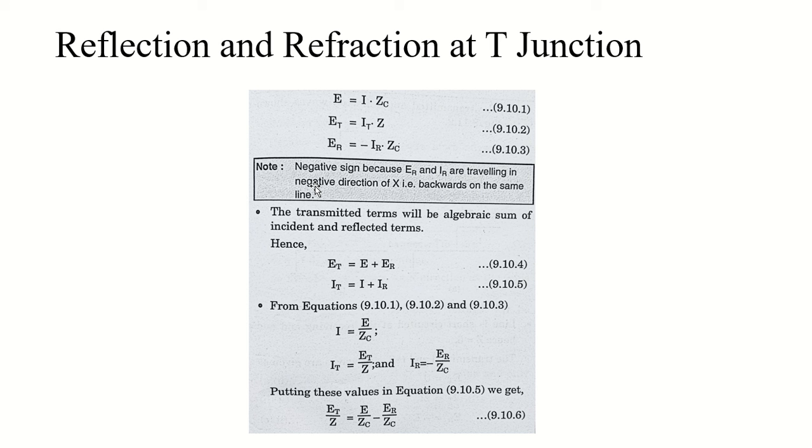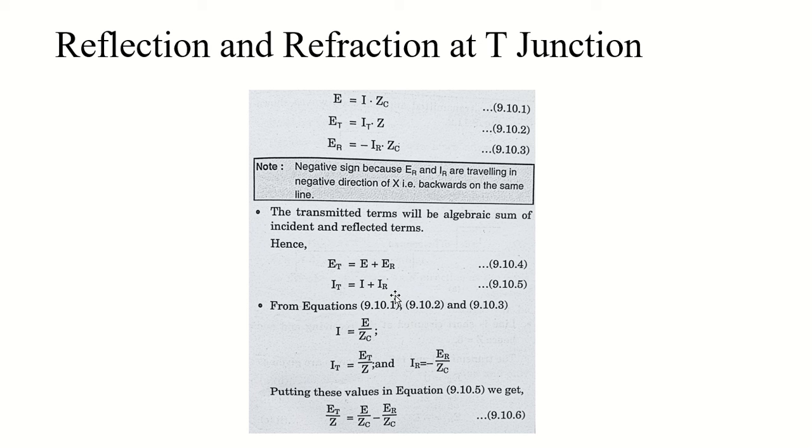Now based on these equations, if I make I the subject, then I will be E by ZC. So we have written it here. In the same way IT will be ET by Z, and IR will be minus ER divided by ZC. Correct? We just made I the subject.